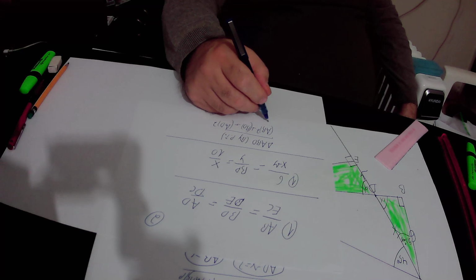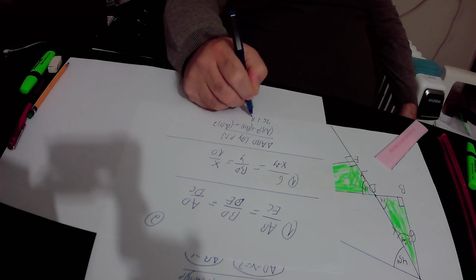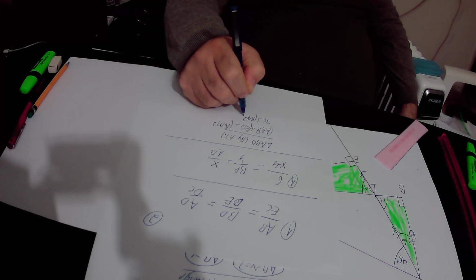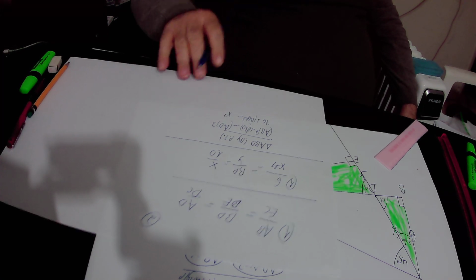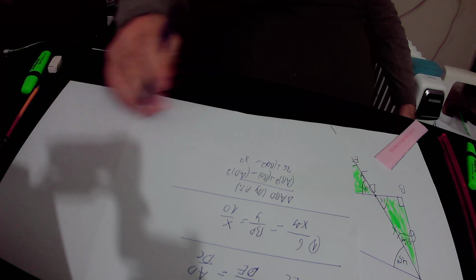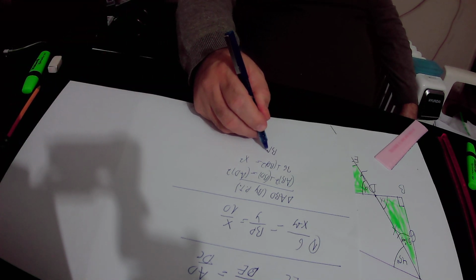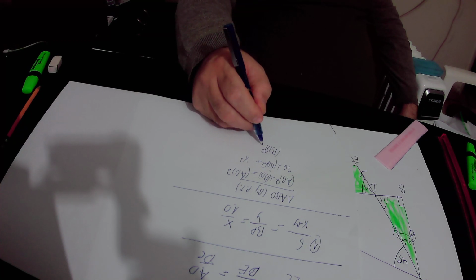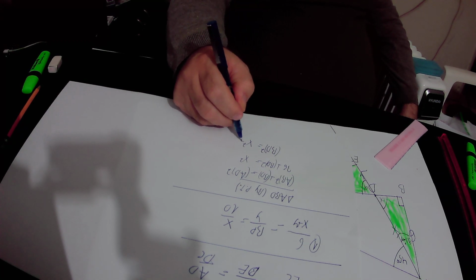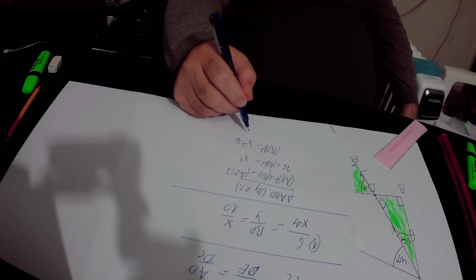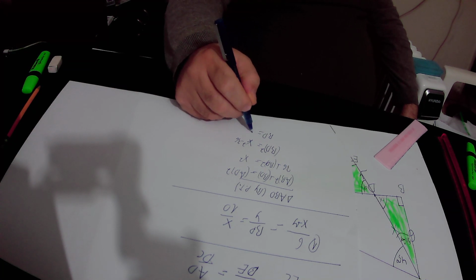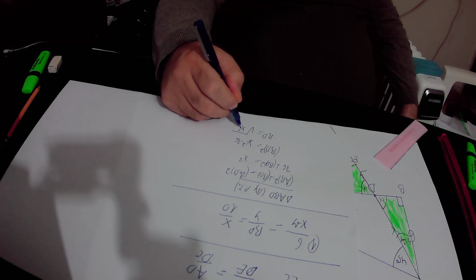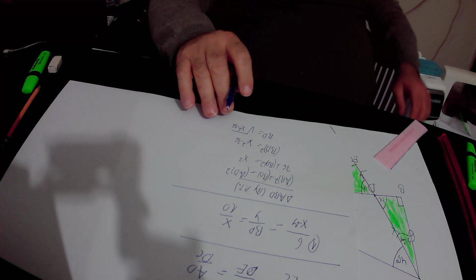AB is 6, so AB squared is 6 squared, that is 36, plus BD squared is the missing variable, and it is equal to AD squared, it is x squared. We'll subtract 36 from this equation and we get that BD squared equals x squared minus 36. We will take a root of this equation and we get that BD is equal to the square root of x squared minus 36. Okay?